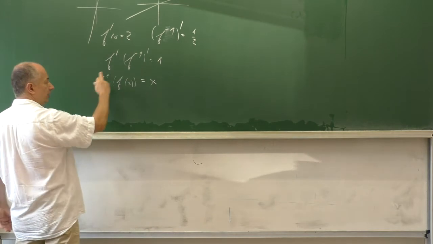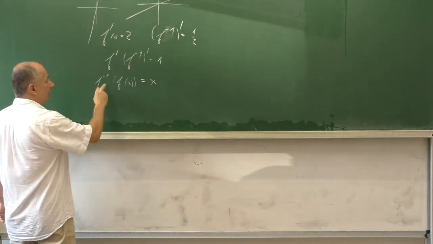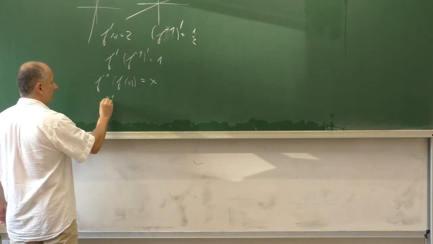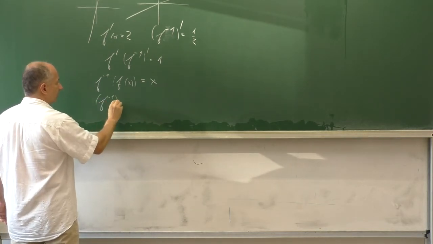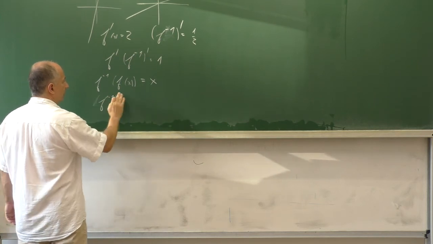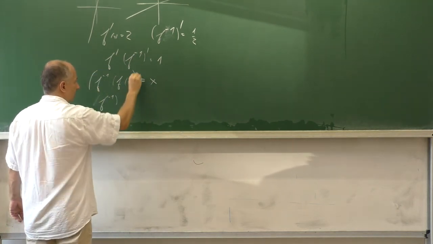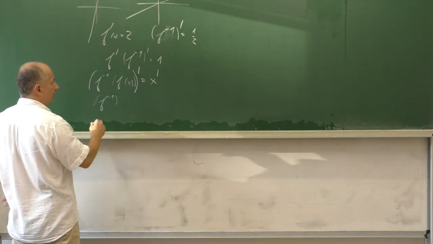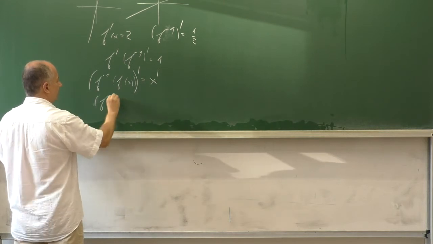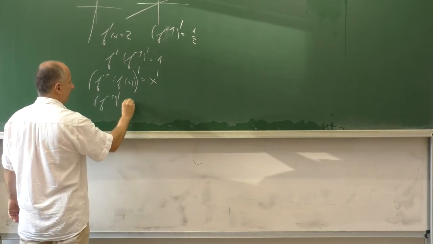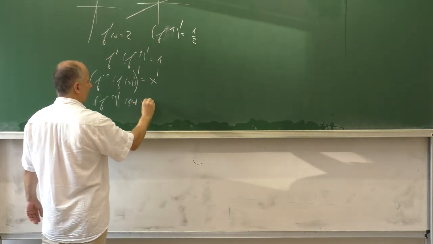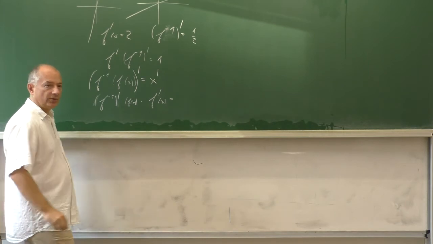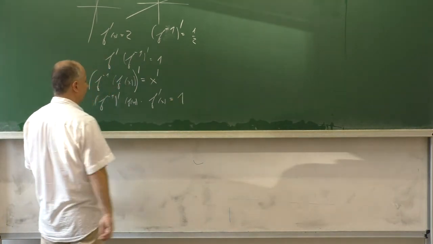And if we differentiate this result, then we have here the composition. That means f inverse, or yeah, if we differentiate, we can close it into bracket and differentiate, and this is f inverse differentiated at f of x times f prime, and the derivative of x with respect to x is 1.